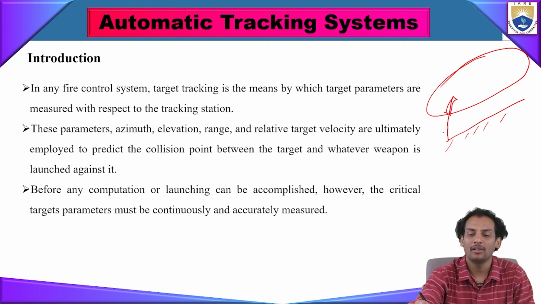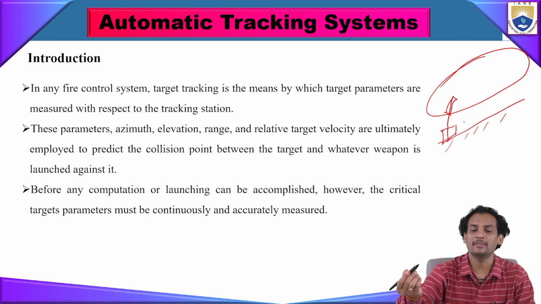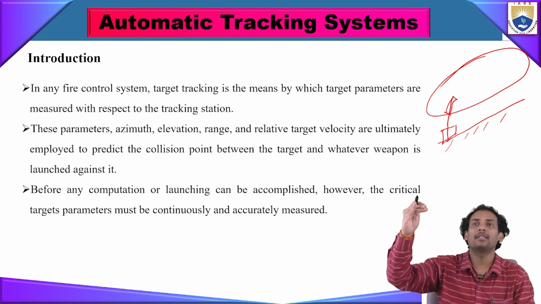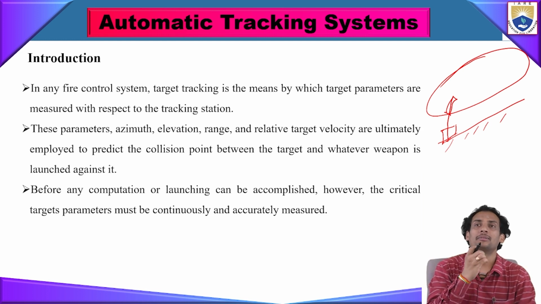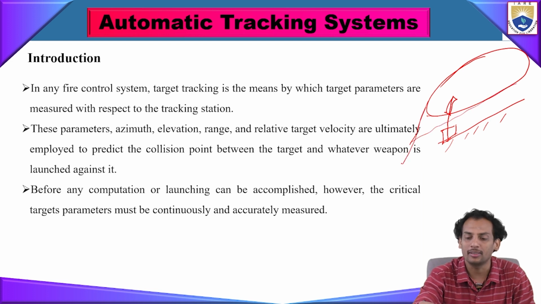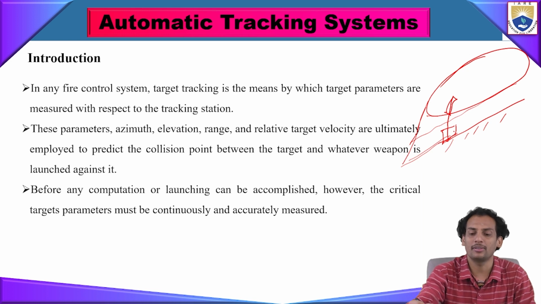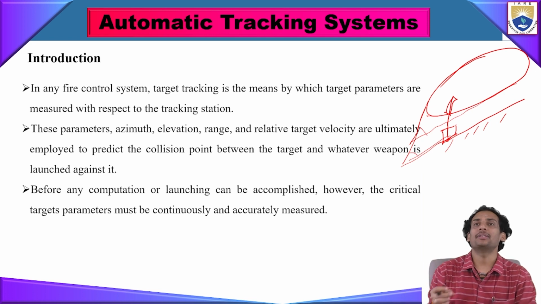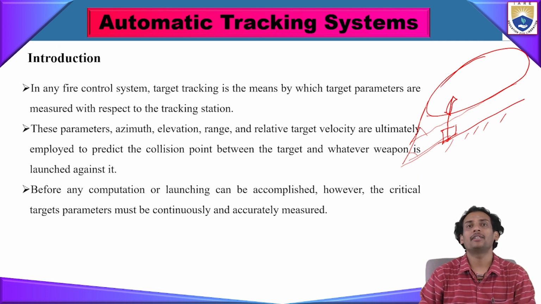Elevation means that whenever the launcher is placed, it should be elevated in such a way that the elevation angle matches the azimuth angle. When you draw the angles with the surface, the azimuth angle and elevation angle will be perfectly matched with the launching pad direction.